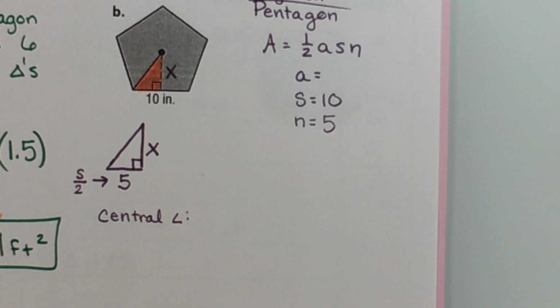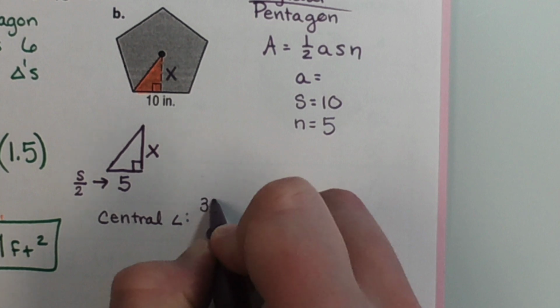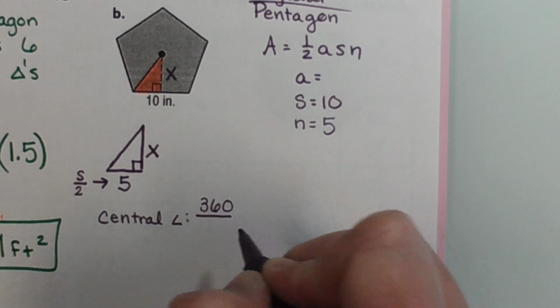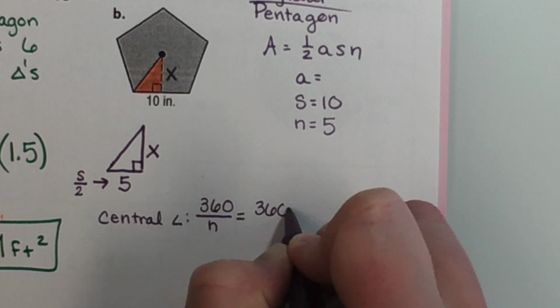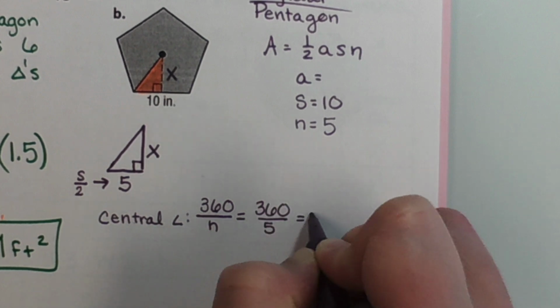How do I find the central angle of a regular polygon? What do the central angles add up to? 360. How many of them are there? 5, because technically it's divided by n. 360 divided by 5 is 72.